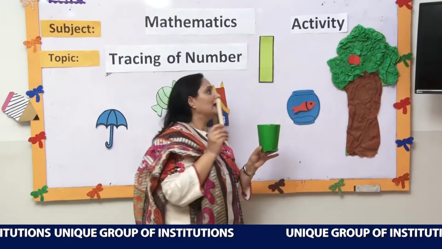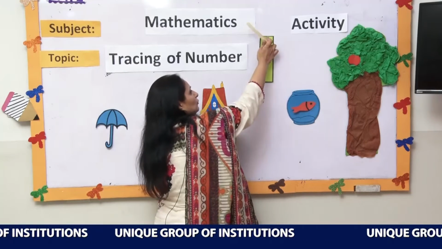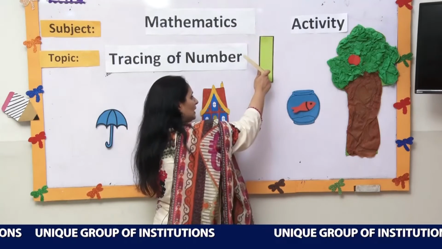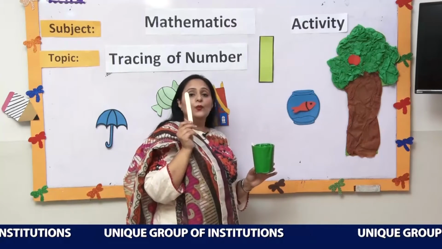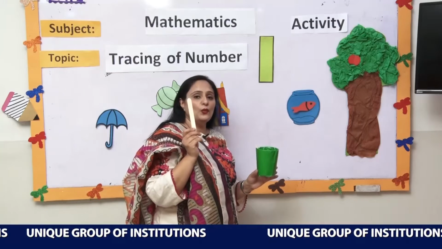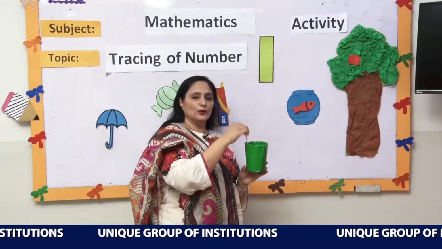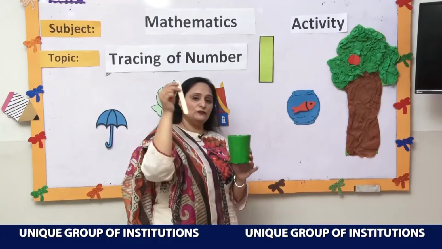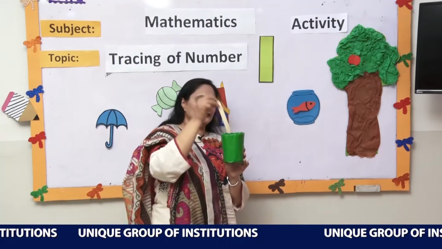Only one stick. And this is number 1. Move your hand. One is down and down. This is one stick. How many sticks are there in the box? One. Only one stick. I have one stick in my hand and one stick in the box.